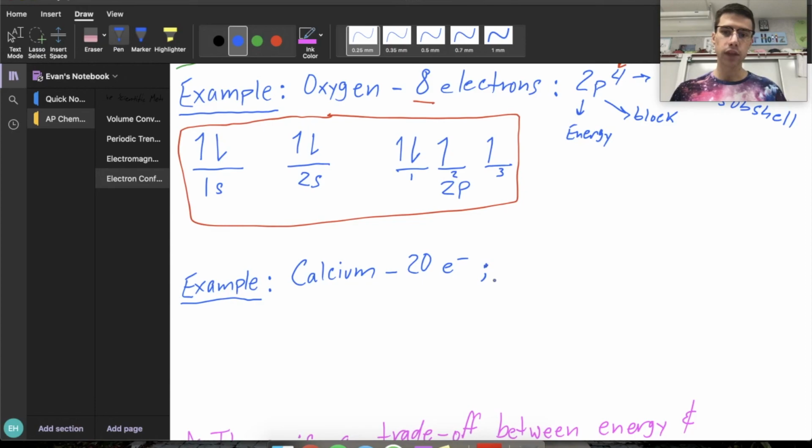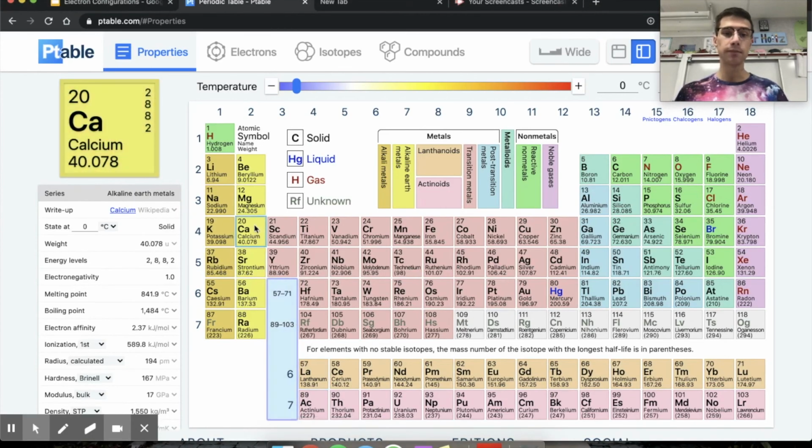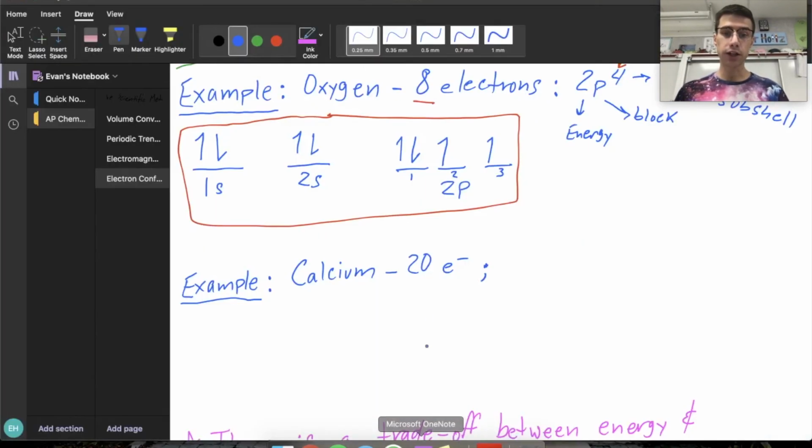And if you're taking account of where it is, it's in the 4th energy level in the s block, and it's the 2nd element in that subshell, okay? Because potassium would be the 1st element in that subshell. So we know that calcium is going to end at 4s2 when we fill in all the electrons, okay? 4s2.